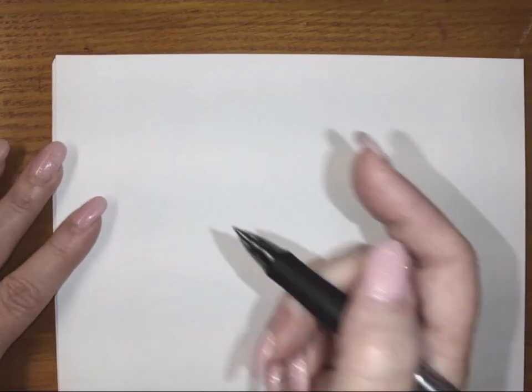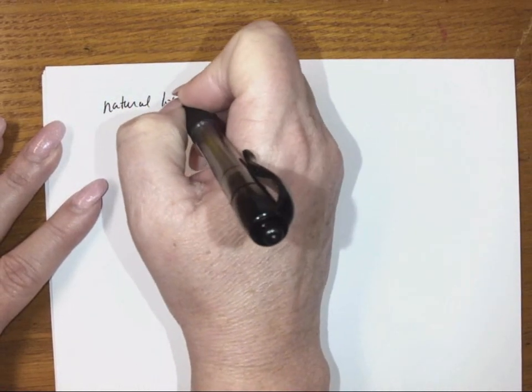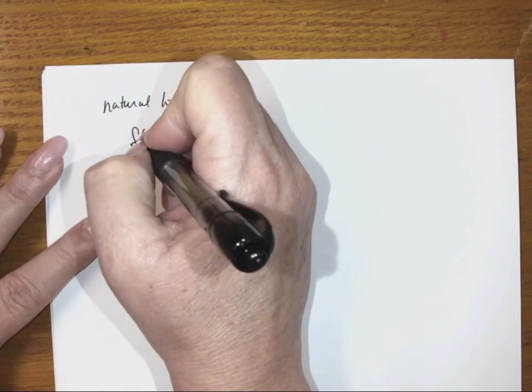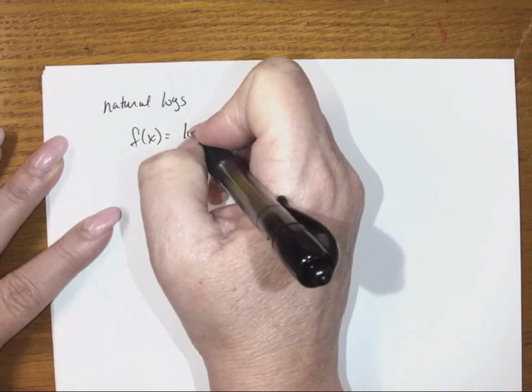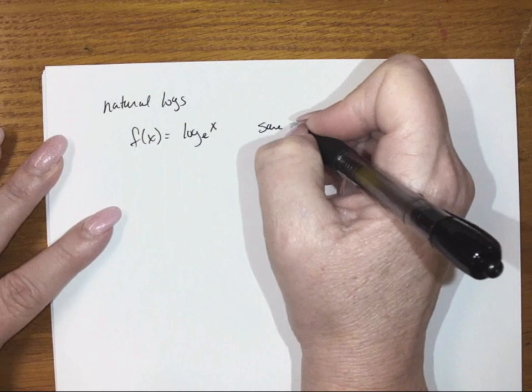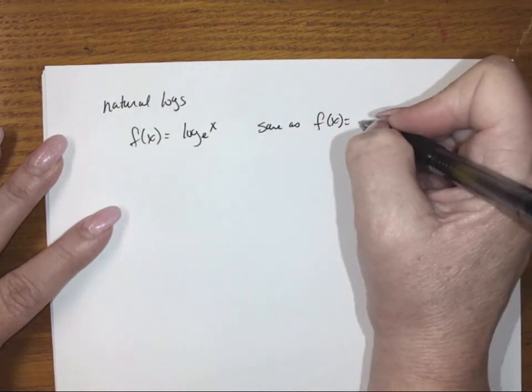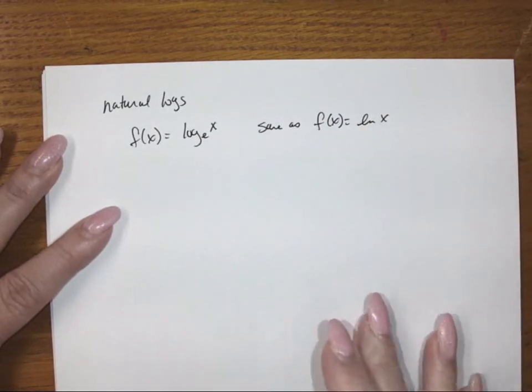So as far as our natural logs, we have f of x is equal to log base e of x, which is the same as f of x is equal to the ln of x.